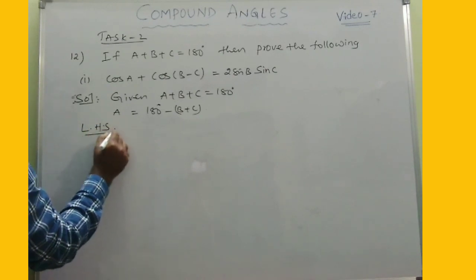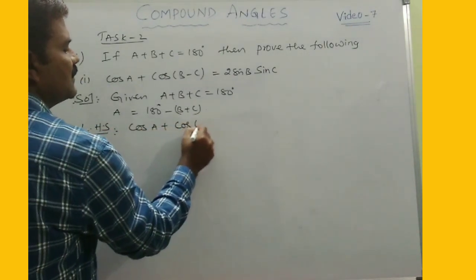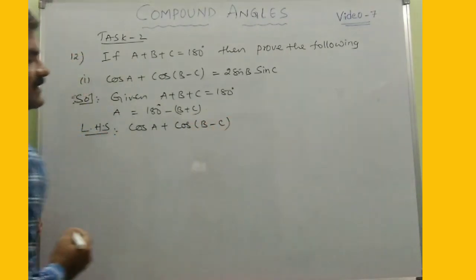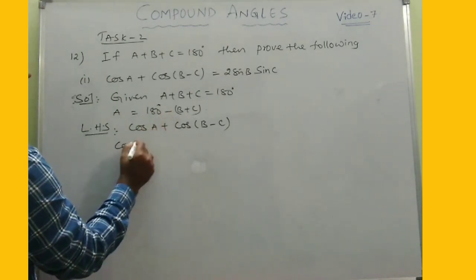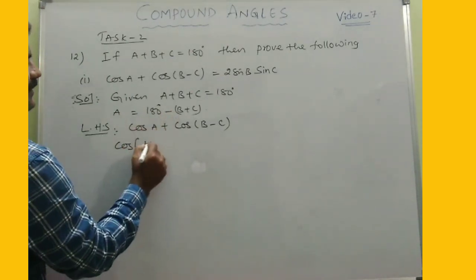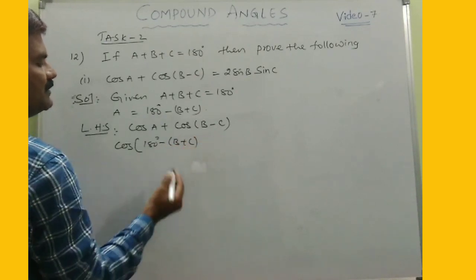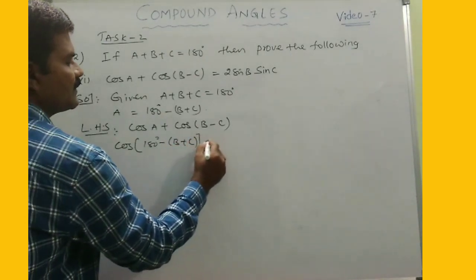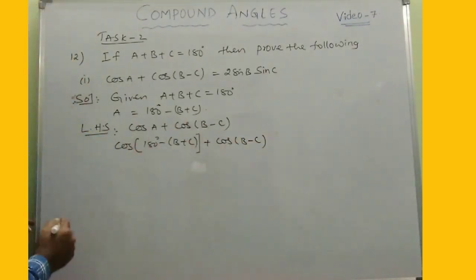So coming to LHS, that is cos A plus cos of (B minus C). So in the place of angle A, we can write 180 minus (B plus C), plus cos of (B minus C) as usual.